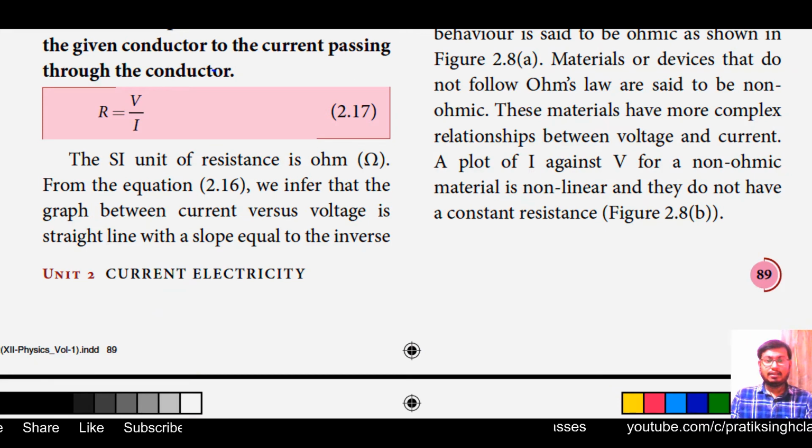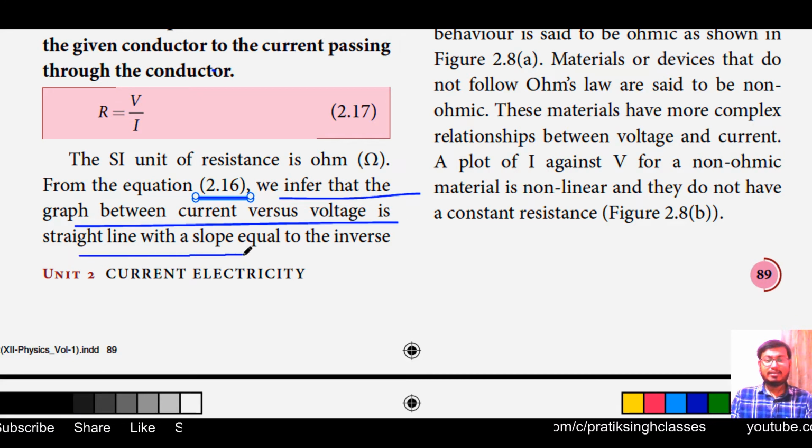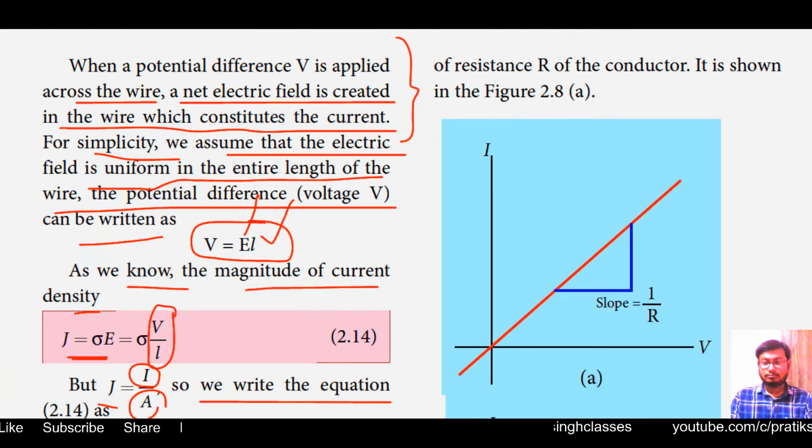Then from this equation 2.16, we infer that the graph between current versus voltage is a straight line with a slope equal to the inverse of the resistance R of the conductor, as shown in figure 2.8.